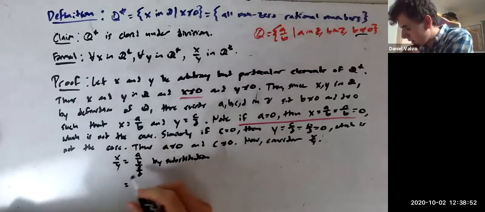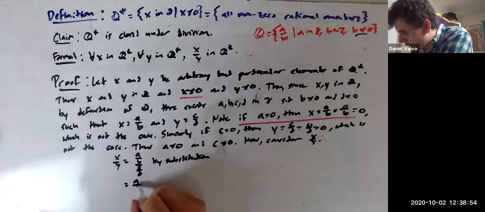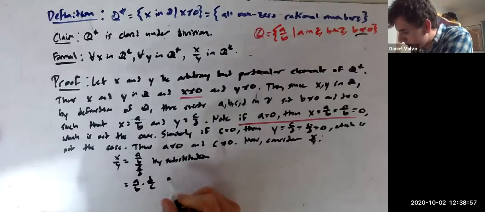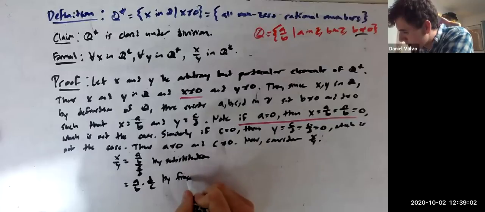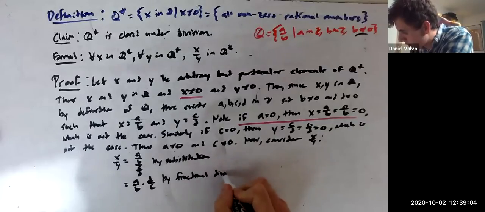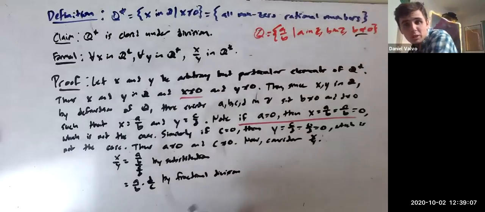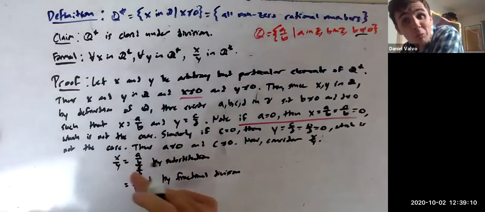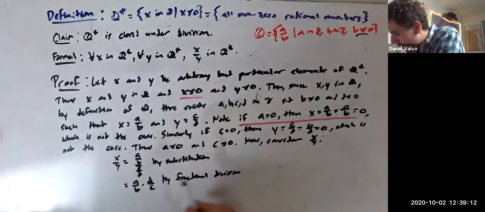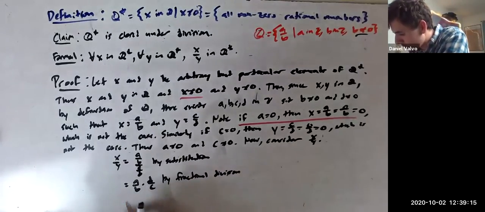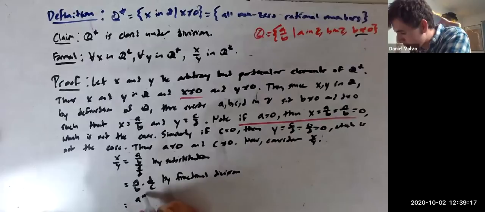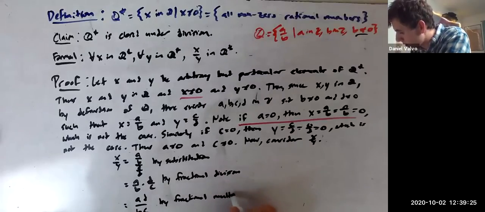And then A over B divided by C over D is just going to equal A over B times D over C by fractional division, the whole flip and multiply business. We're not assuming we know how algebra works, like I can take you through the proof of this, but we don't need to. And then this would just be AD over BC by fractional multiplication.